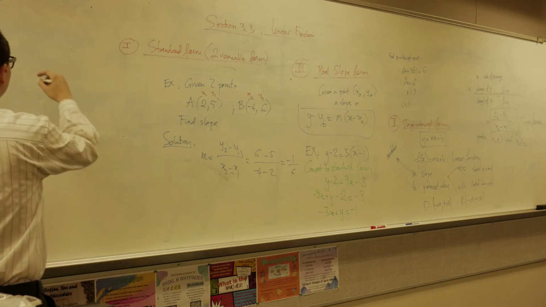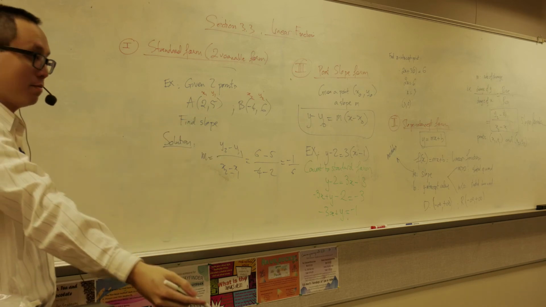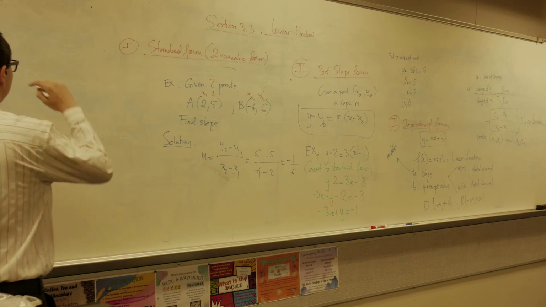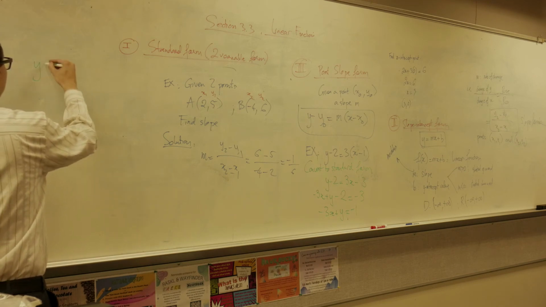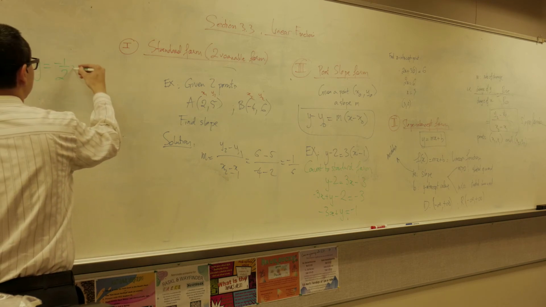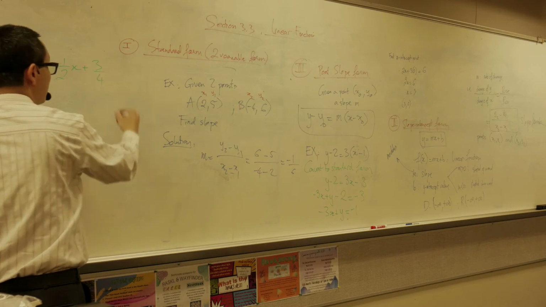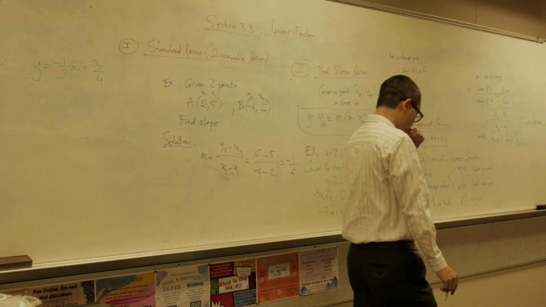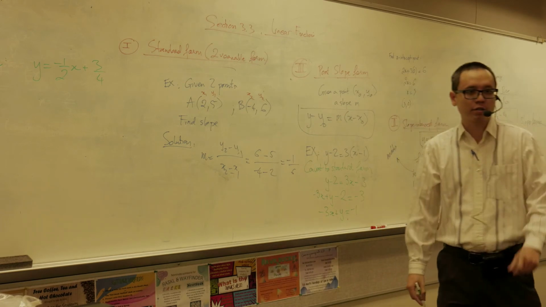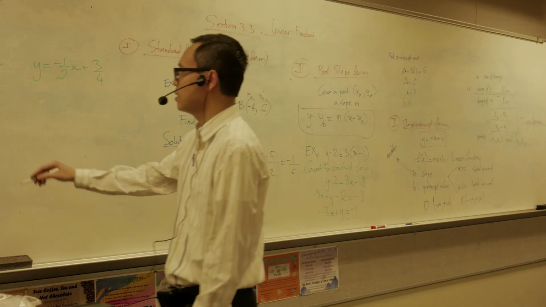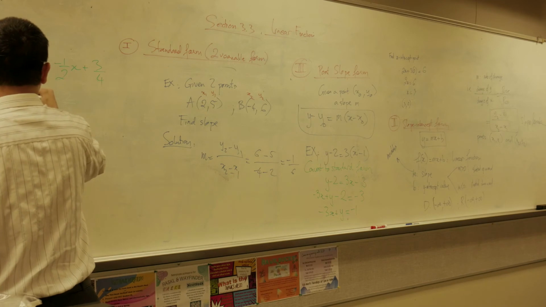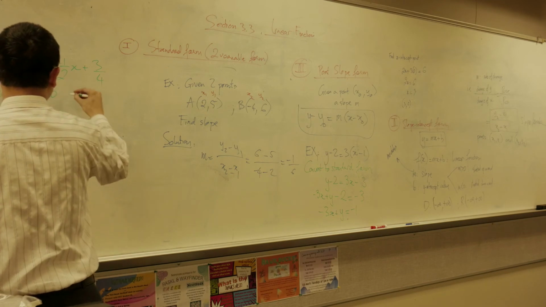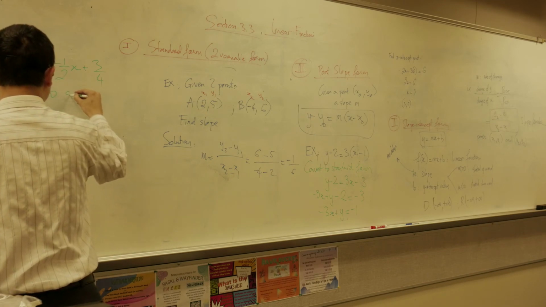Alright. So I'm going to give you a slope-intercept form, okay? y equals negative 1 over 2 x plus 3 over 4. Now I'm going to try to convert this to standard form.